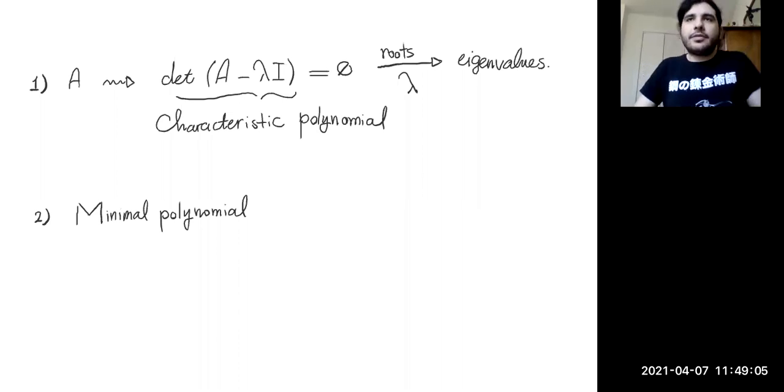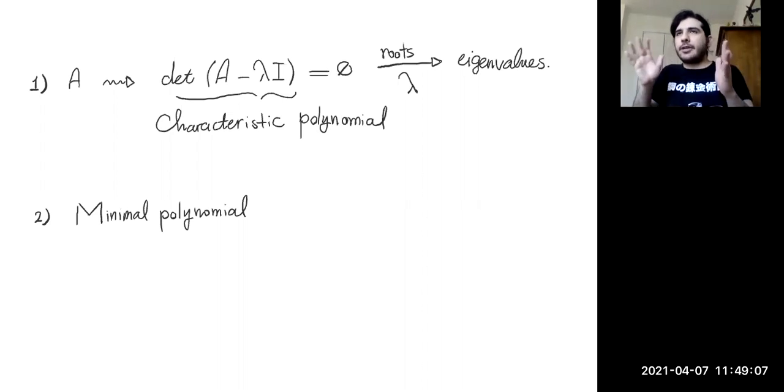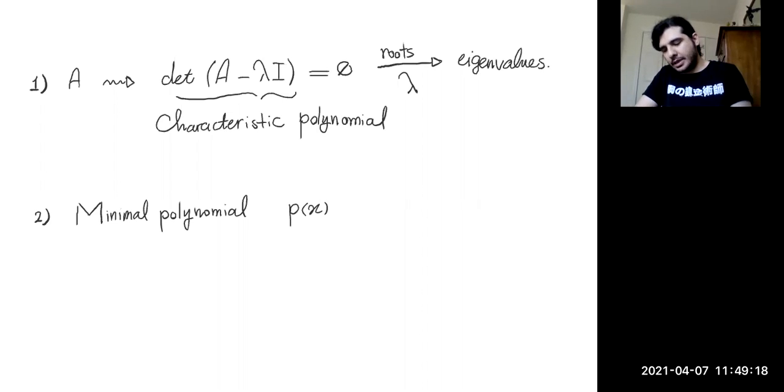In order to define this, suppose we have any given polynomial, real valued polynomial for example, or over any other field. For example, suppose p(x) equals a_n x to the n plus a_{n-1} x to the n minus 1 plus up to a_1 x plus a_0 is given, right?